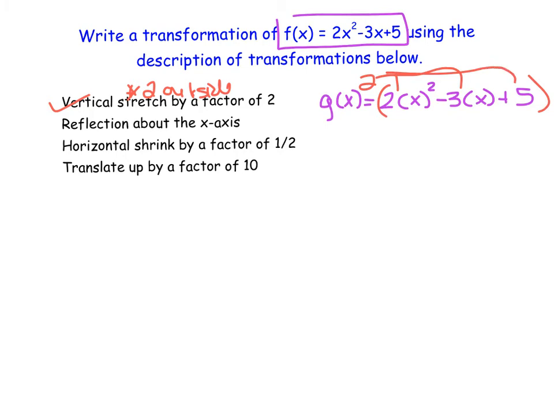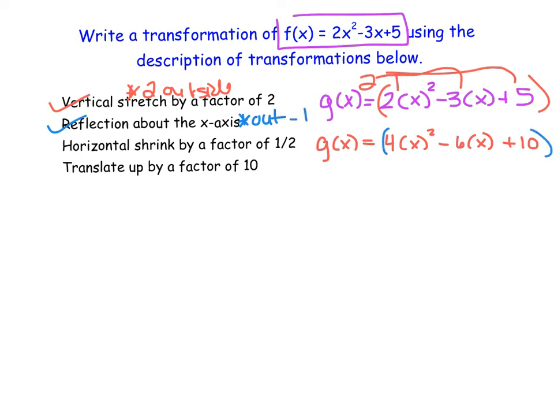So if we multiply those all out, we end up with g of x is equal to, that becomes 4 times the x squared minus 6 times the x plus 10. Okay. Then we have a reflection about the x-axis. So that one is going to be a multiplication on the outside of negative 1.